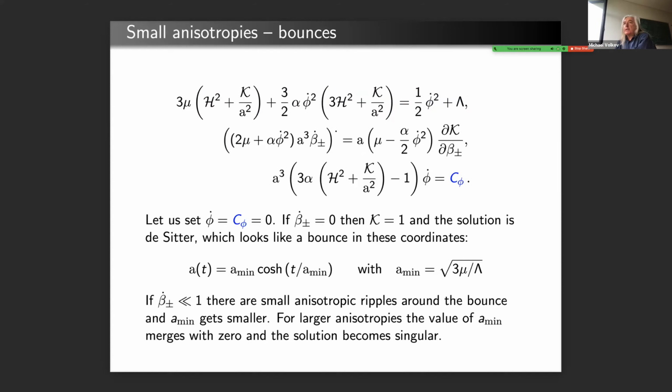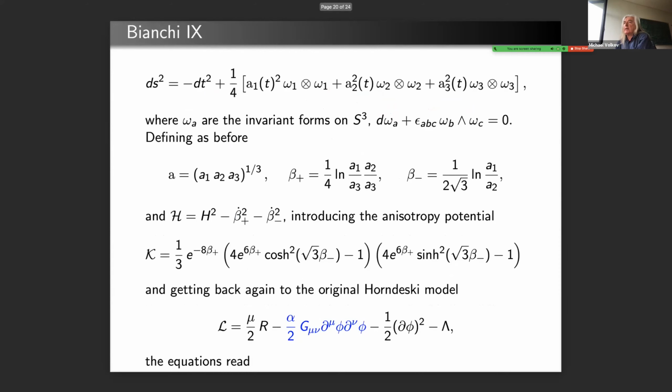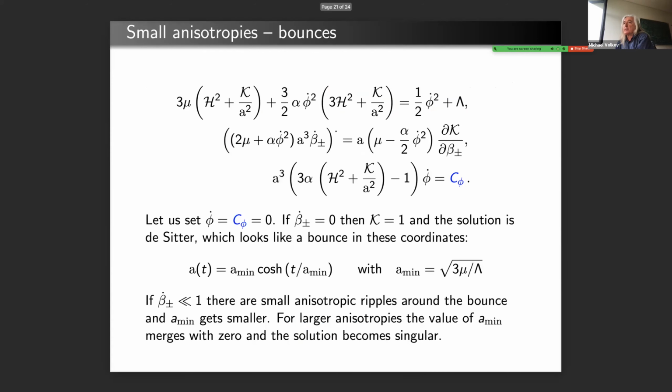Now, if the scalar field is 0, and if you set anisotropies to 0, then the simplest solution is de Sitter, which in these coordinates has the form of a bounce. So the universe first shrinks up to a minimal size and then expands.